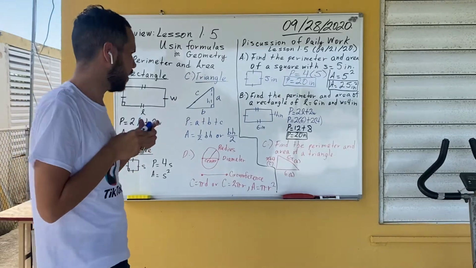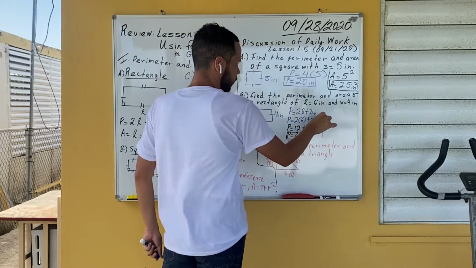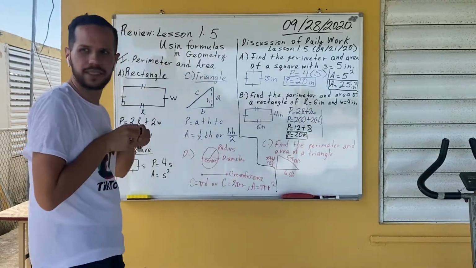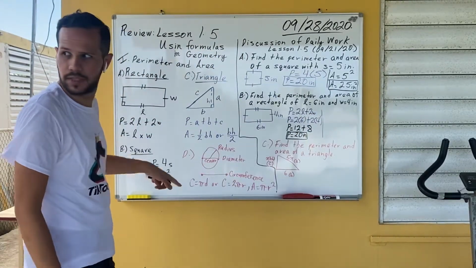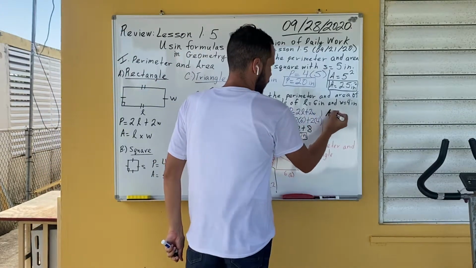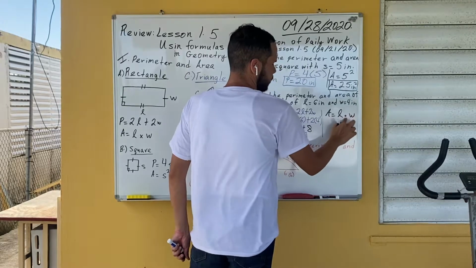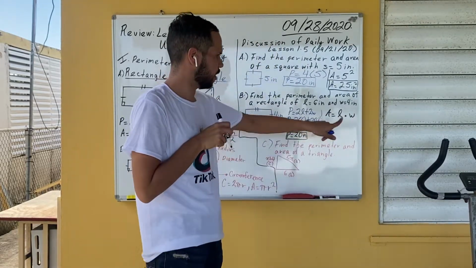Now let's find the area of this rectangle. And we're gonna use the formula of area, that is the multiplication of the length times the width. Okay, so let's do it. We got area, and it's the multiplication of the length times the width. Okay, you see this dot? This dot means multiplication.